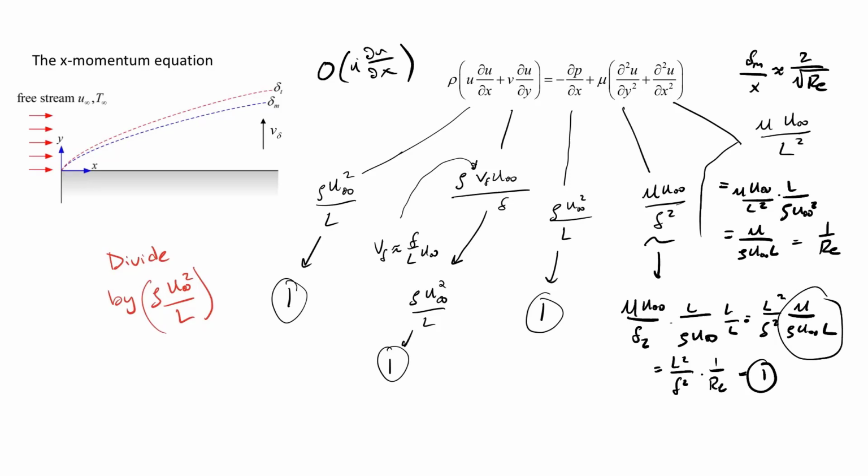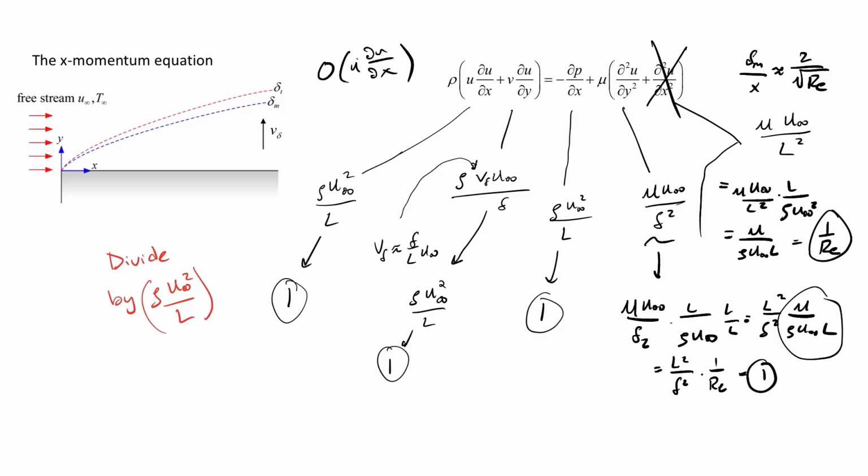So that means we went through this whole analysis and now we've decided that actually this last term here is usually pretty small compared to the rest of them, which means we can simplify our equation to get rid of that.